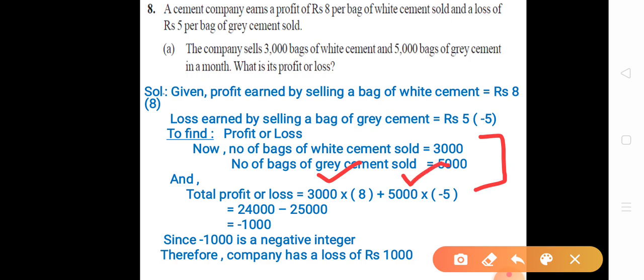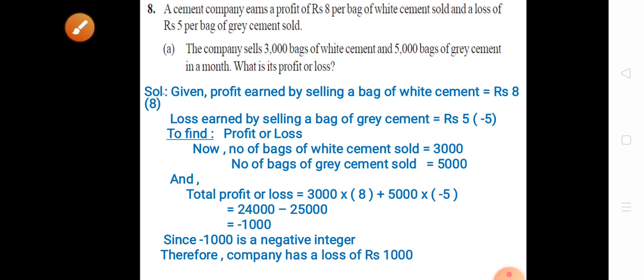When we have done it, the answer comes out to be minus 1000. Since minus 1000 is a negative integer, and negative means loss, the company has a loss of rupees 1000. I hope this solution is making sense to you.